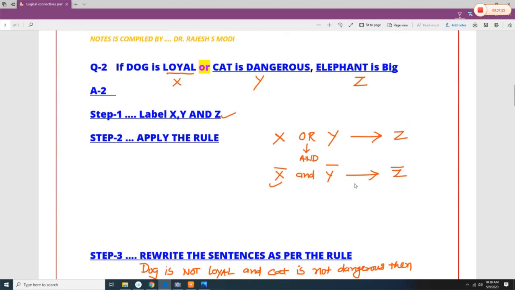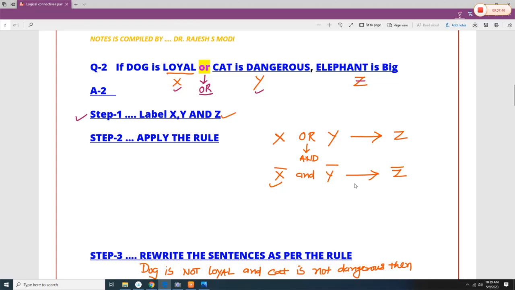Next question: if dog is loyal or cat is dangerous, elephant is big. So you have to give a label. Dog is loyal is X, cat is dangerous is Y, and elephant is big is Z, and the connective is OR.